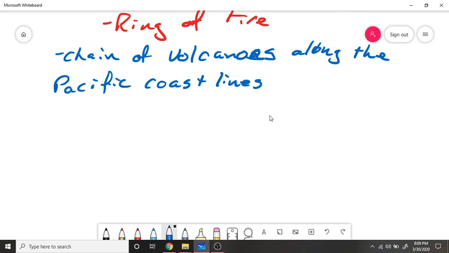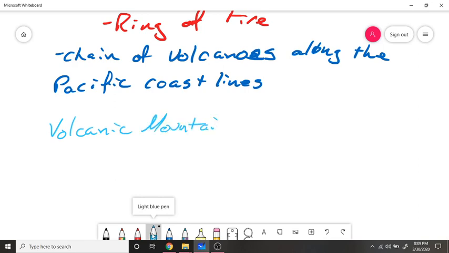So a chain of volcanoes all along the Pacific coastline. Volcanic mountains occur when layers of lava cool and build up around the opening.